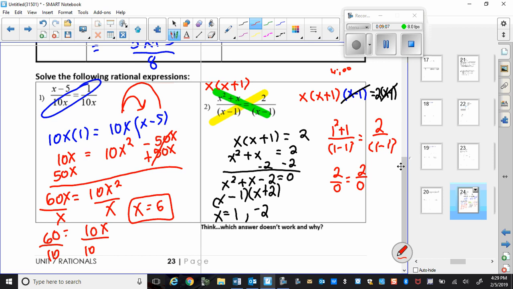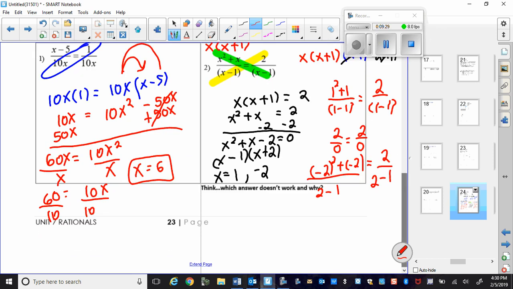Yeah, it's undefined, but it works. You check the next one. Does negative 2 squared plus negative 2 equal 2 on top? And does 2 minus 1 equal 2 minus 1?